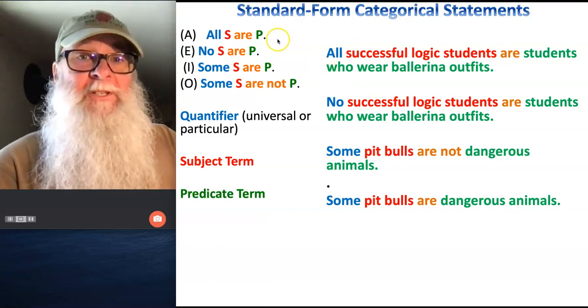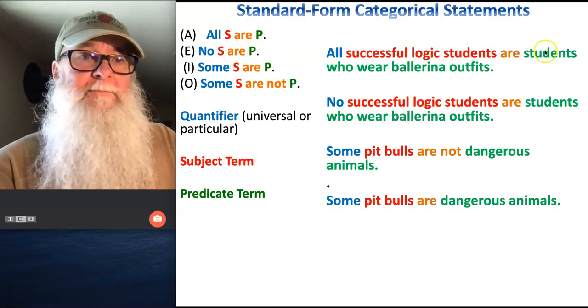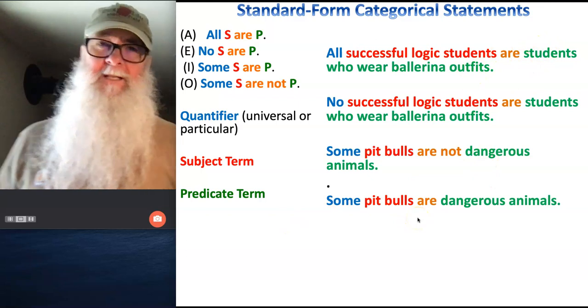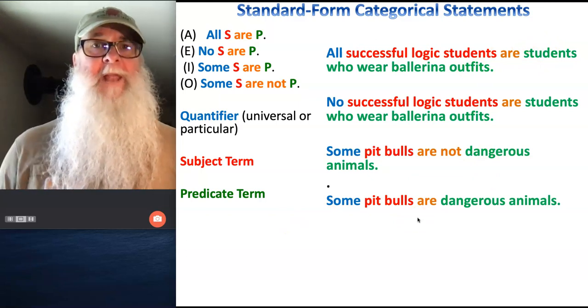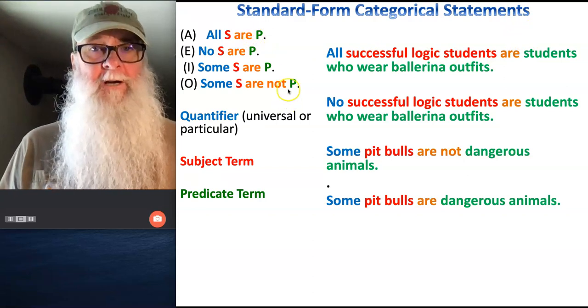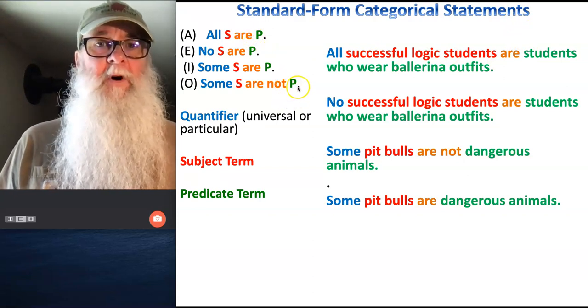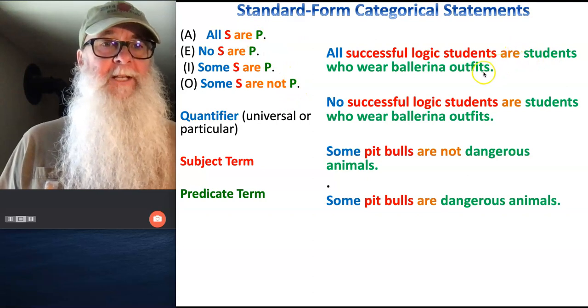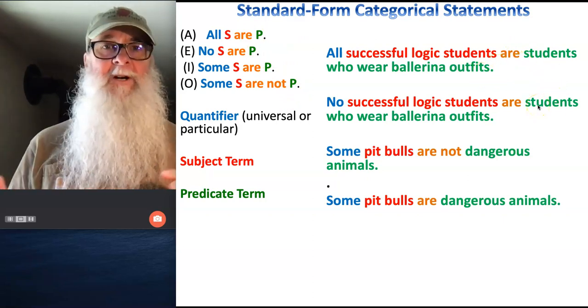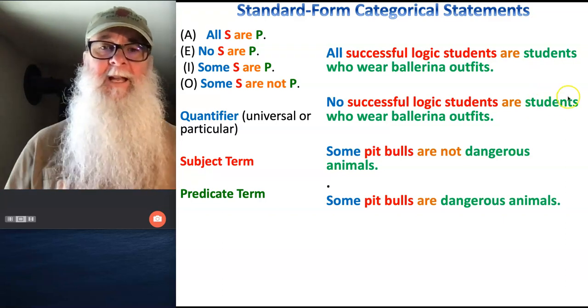On the other hand, what appears in green here, students who wear ballerina outfits and dangerous animals, that's going to be called our predicate term. And the predicate term is going to be every word that appears after are or are not and goes all the way up to the period at the end of the sentence. So the predicate term is every single word between that are or are not and the very end of the sentence.